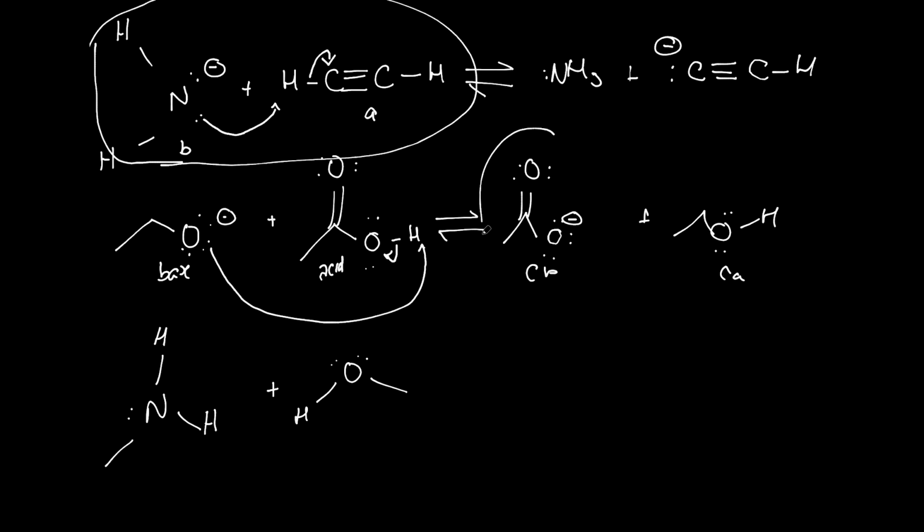Okay, last example. So again, we're not exactly sure at first which one's the base and which one's the acid. But just to think about it, nitrogen or oxygen, which one is less electronegative? Nitrogen. So oxygen's going to better hold onto its electrons, meaning nitrogen's going to be the one giving it up, making it the base.